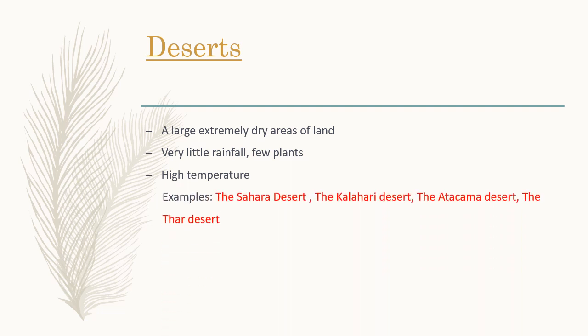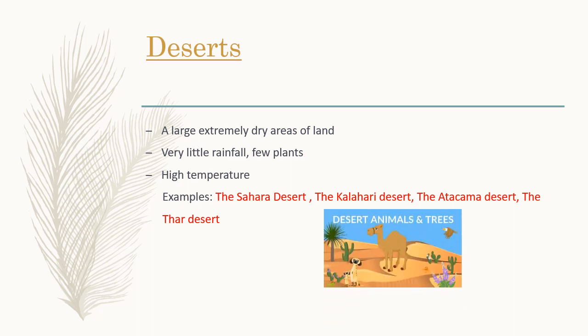Examples: the Sahara Desert, which is the largest desert in the world, Kalahari Desert, Atacama Desert, the Thar Desert. Camel is the main animal which is found in desert.